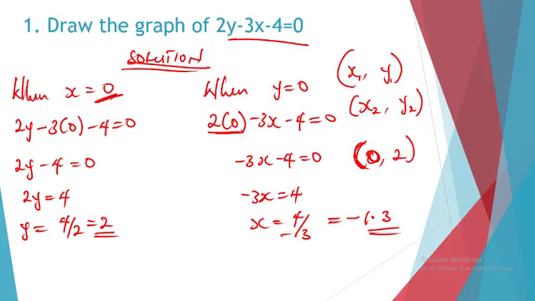Now at the point where y is 0, we then have x to be minus 1.3, and y is 0. So this is what we use in plotting the graph or drawing the graph.